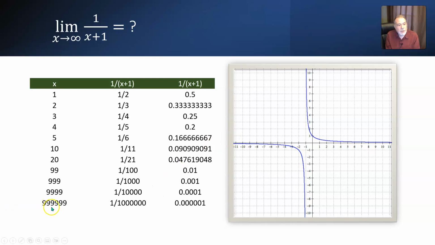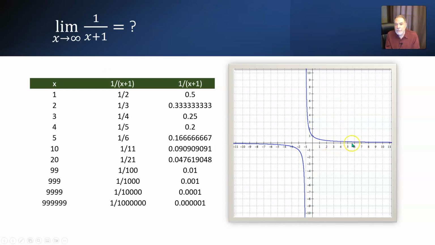If x is a really big number like 999,999, then 1 over x plus 1 would be 1,000,000th, or 0.000001, which is just a little teeny bit bigger than 0. And if x gets even bigger than that, 1 over x plus 1 gets even closer to 0 than that.